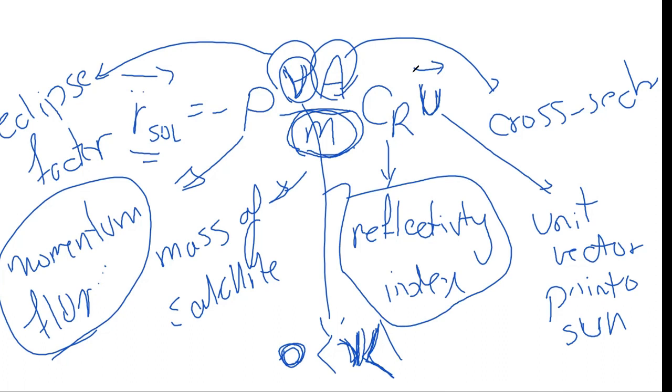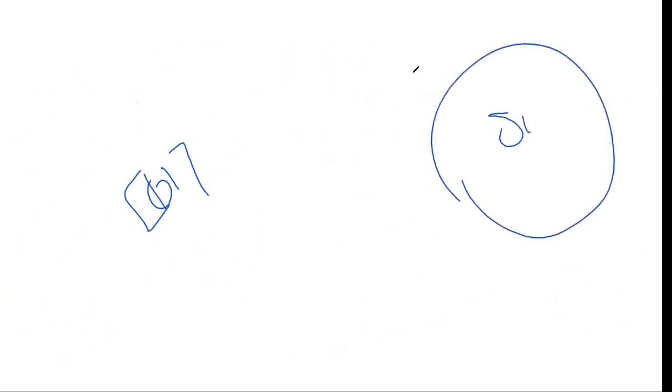The area, the cross section, and the unit vector I need to explain. If I have the satellite here, for example a GPS, and then I have the sun here, we have a vector pointing from the sun to the satellite. If we divide this vector by its size, we get the unit vector.